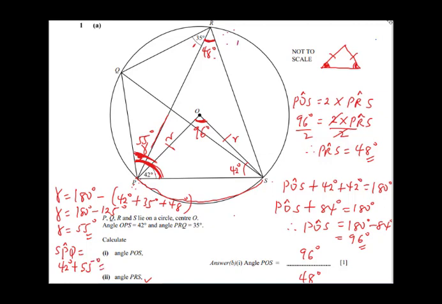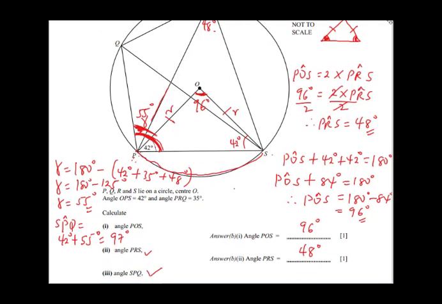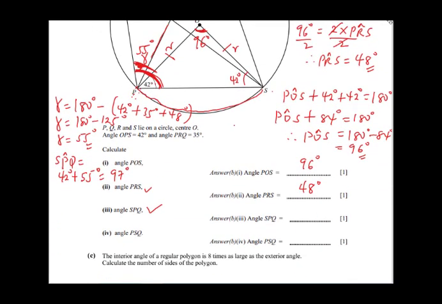And when we add that together, I think that's 97 degrees. So our angle SPQ equals 55 degrees plus 42 degrees, which is 97 degrees. So this angle here is 97 degrees.